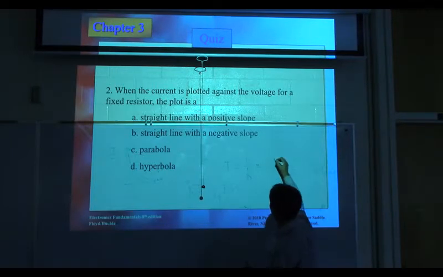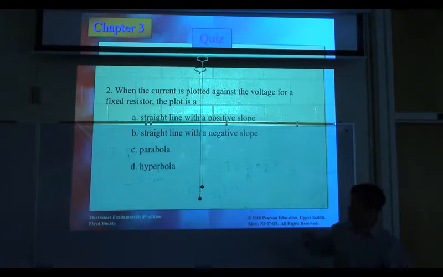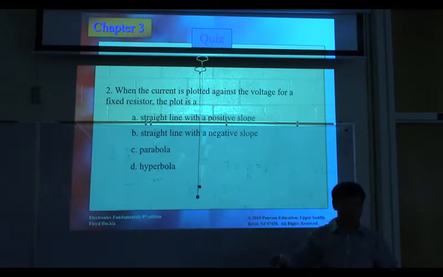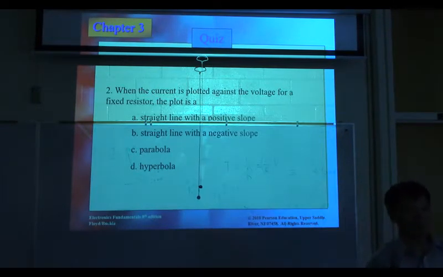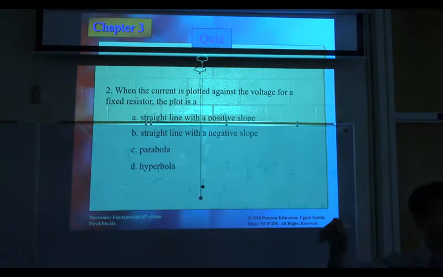This one equals V times this one, right? This one is the slope. So what do we call it? What is this slope in our class? You call this slope, that is in math.